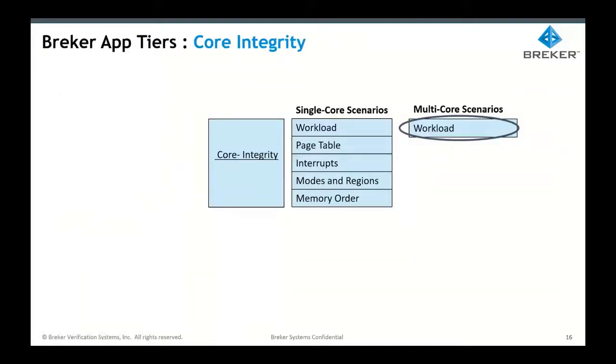On the multi-core, we can take this single core and imagine that you're putting it in a multi-core environment. We also have the workload, and this will become the multi-core mem order. For the multi-core mem orders, this simply means that we can create tests where two processors go after the same memory location, making sure that the correct order is maintained.